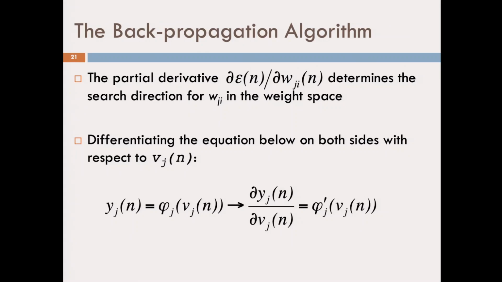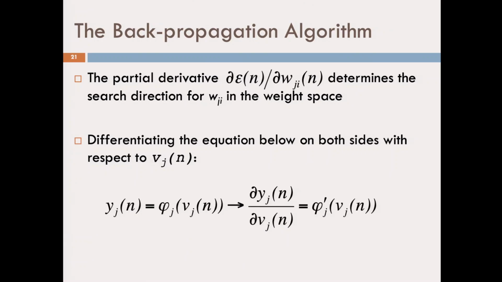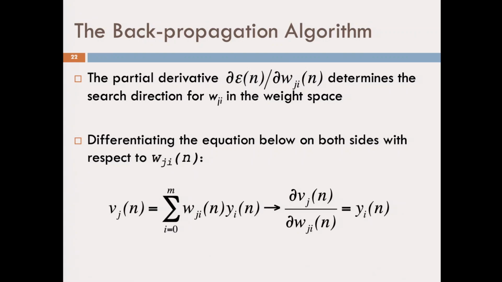Differentiating the equation on both sides, we have the derivative of the activation function with respect to its argument. So up to now we have the error, a -1 sign, and the derivative of the activation function.